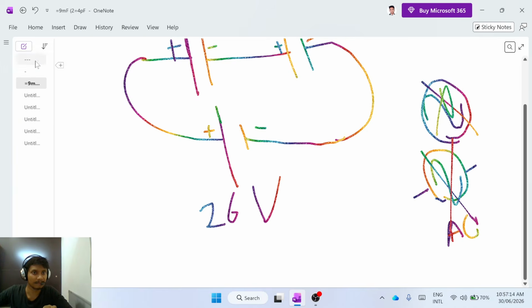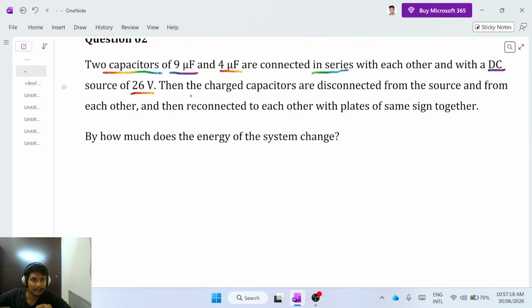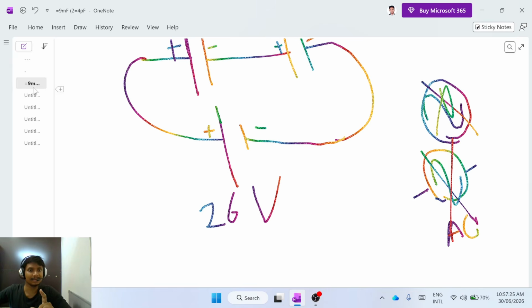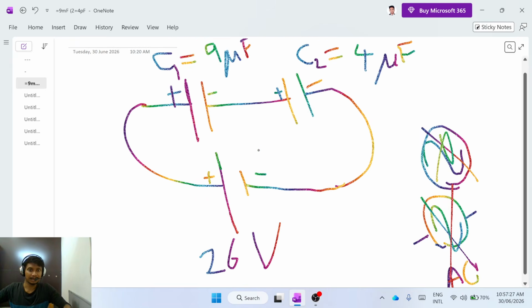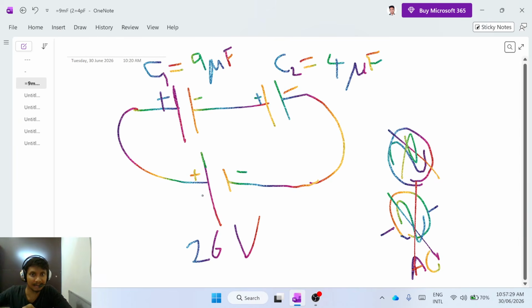Okay, let's read the question. Then the charged capacitors are disconnected. First, we discuss this diagram. Here, the capacitors are connected in series.